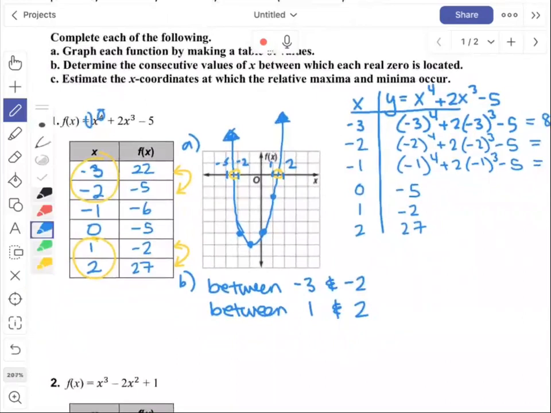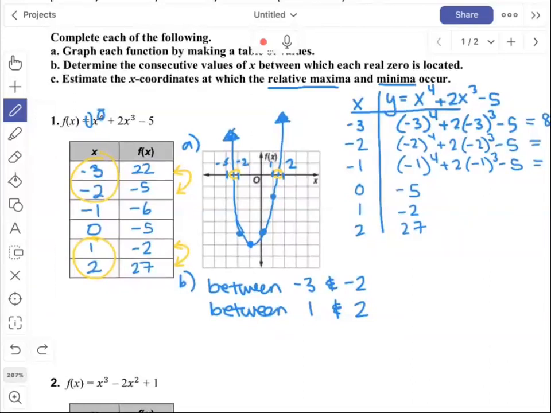All right, and then part C is to estimate the x-coordinates at which the relative maxima and minima occur. Relative maxima and minima are basically where it changes from decreasing to increasing or increasing to decreasing, where you see a hill or a valley, essentially.